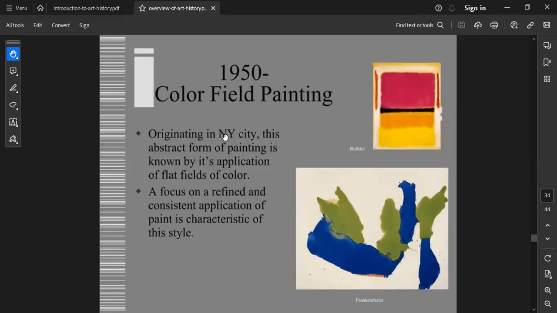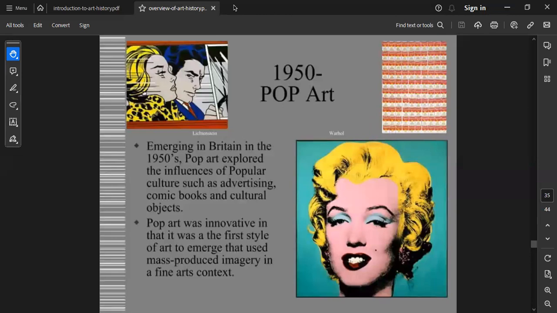This originated in New York City, and this abstract form of painting is also known by its application of flat fills of color, and a focus on a refined and consistent application of paint is also characterized by this style.